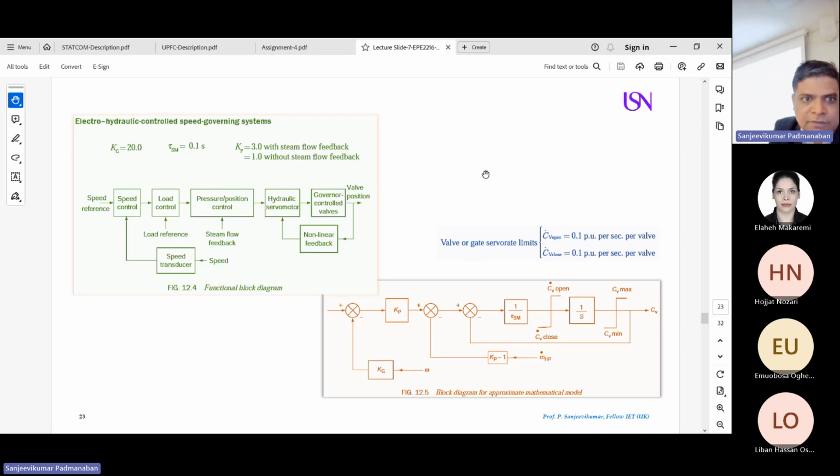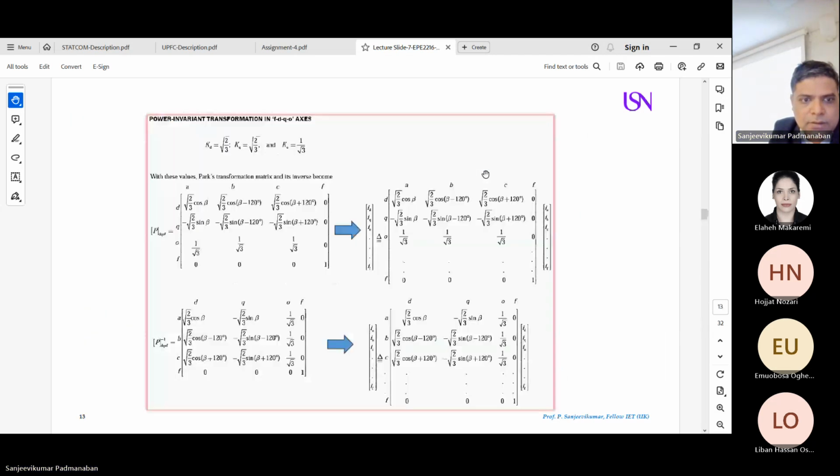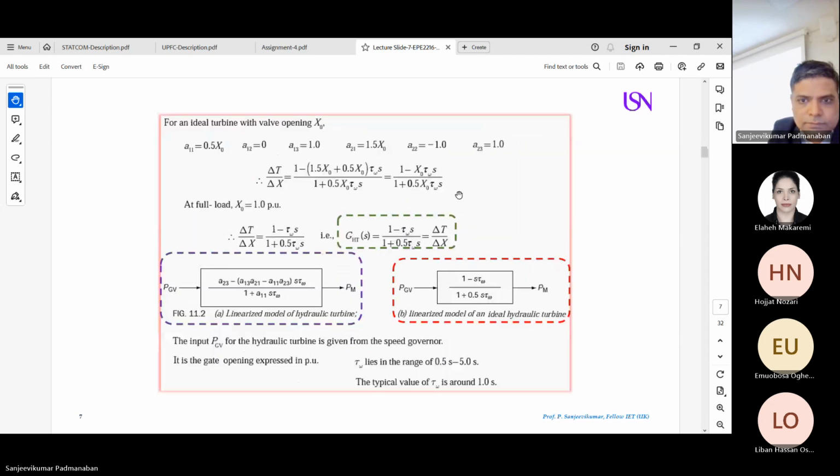If you remember in the first slide, I showed you the hydraulic models, you get the idea from a PVG. So PVG is a hydraulic turbine with a speed governor.